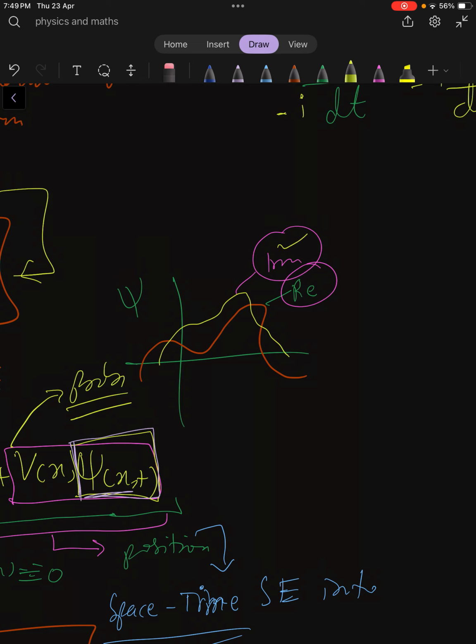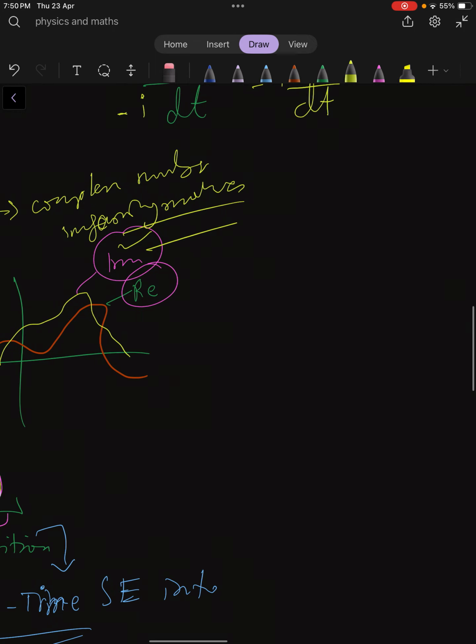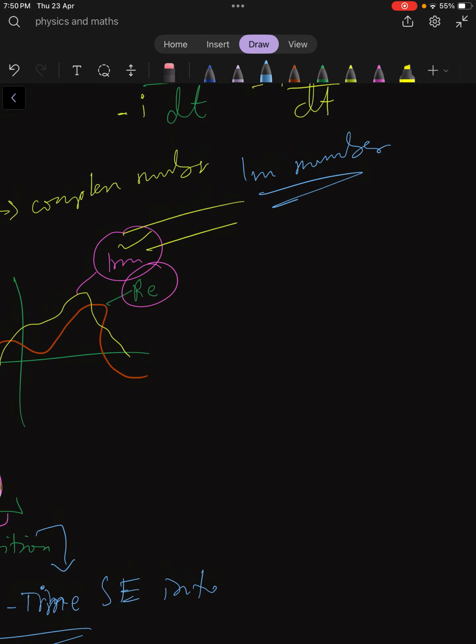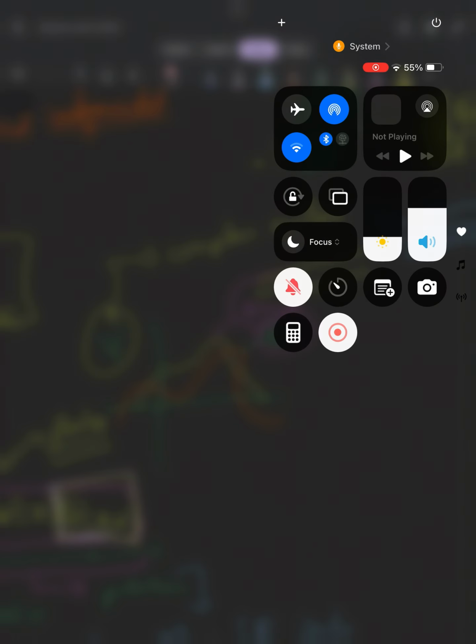As we have an imaginary part here, that means psi is actually a complex number. Sorry for the writing. Let me just write imaginary number. And I think that's it for today.